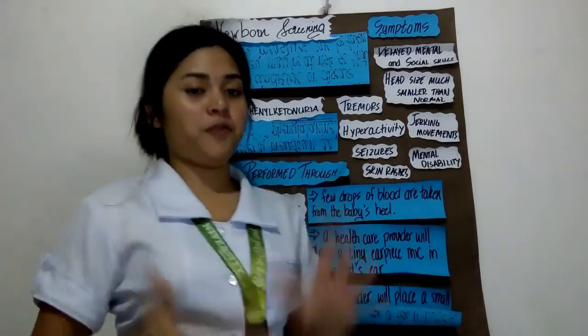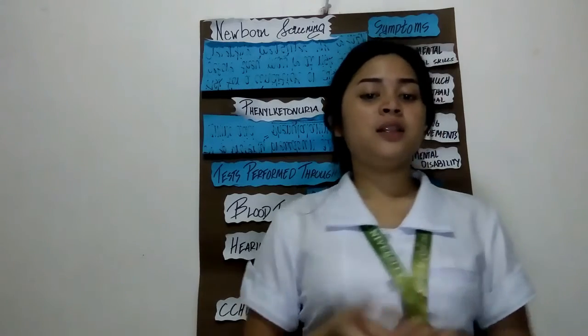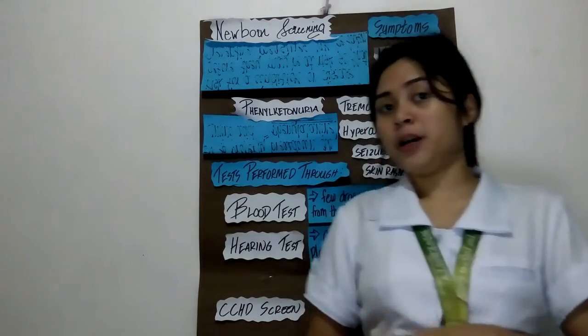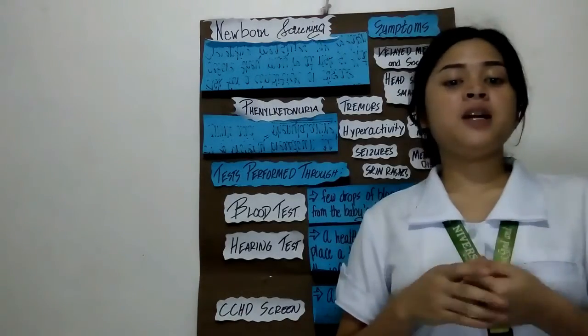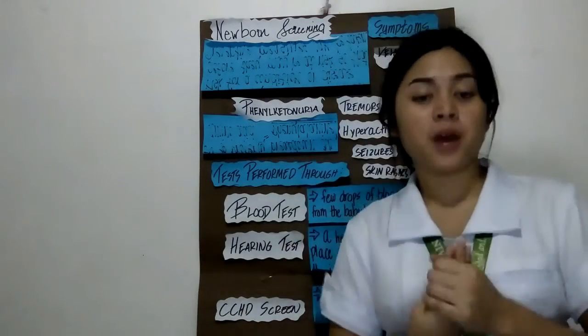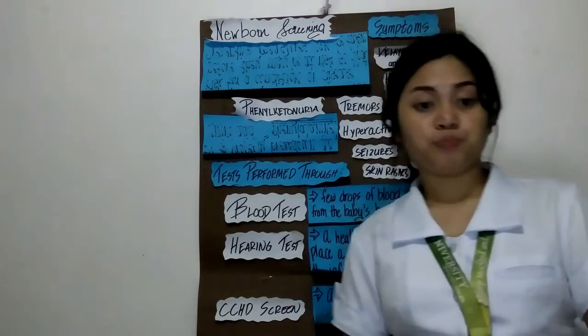So how can you prevent this? An enzyme assay or genetic testing can determine if parents are carriers of PKU, or phenylketonuria. Chorionic villus sampling or amniocentesis can be done during the pregnancy to screen the unborn baby for PKU.